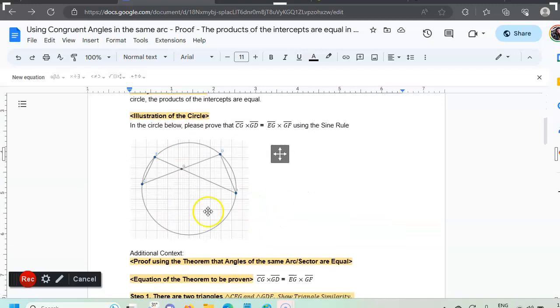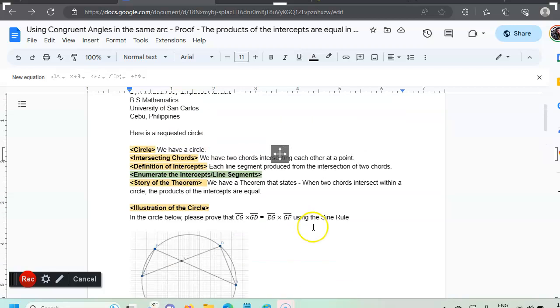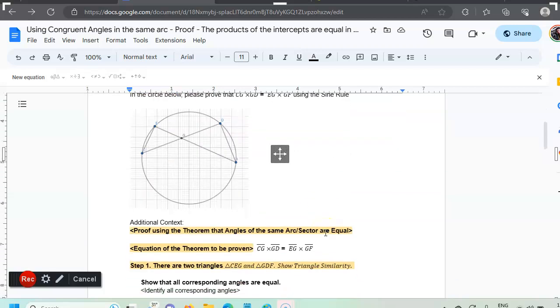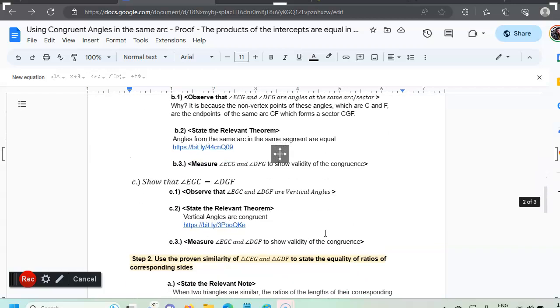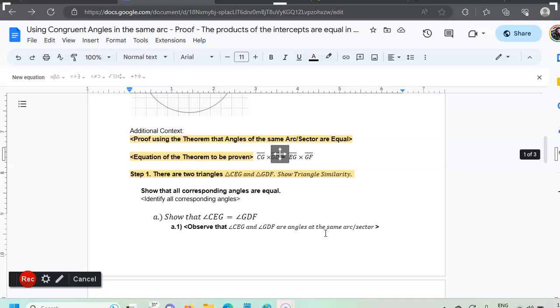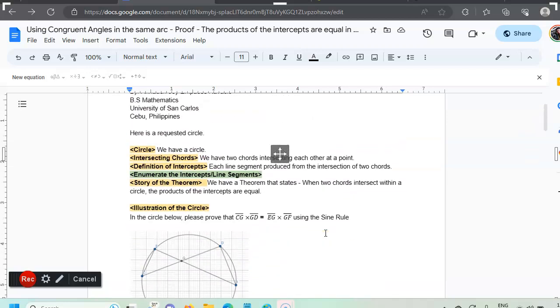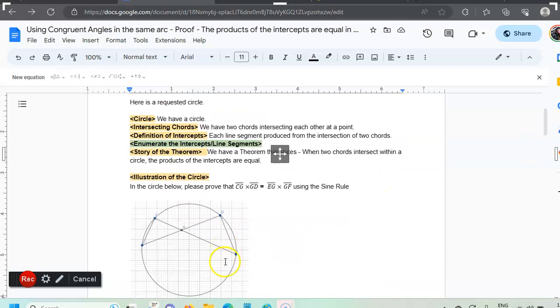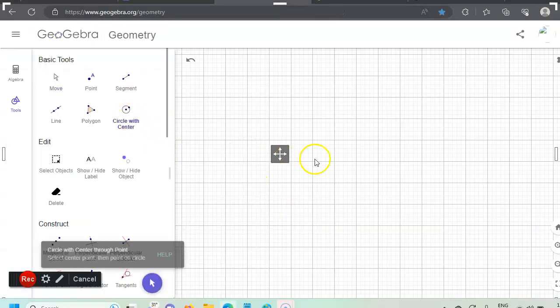So here's the requested circle, and to provide additional context, I decided to share this video. So how is this circle being produced? I'm using GeoGebra, so let's have a circle.